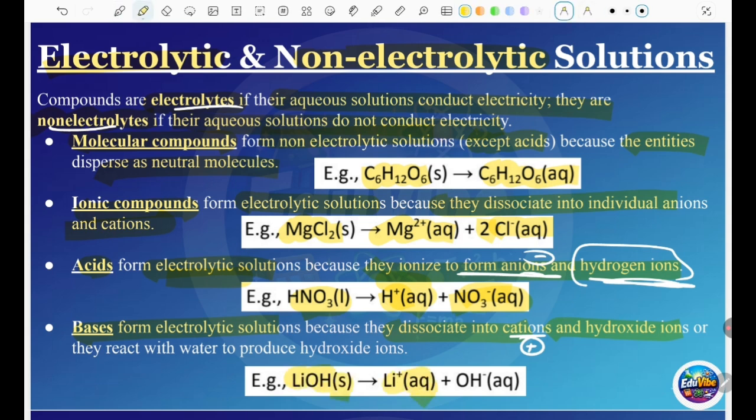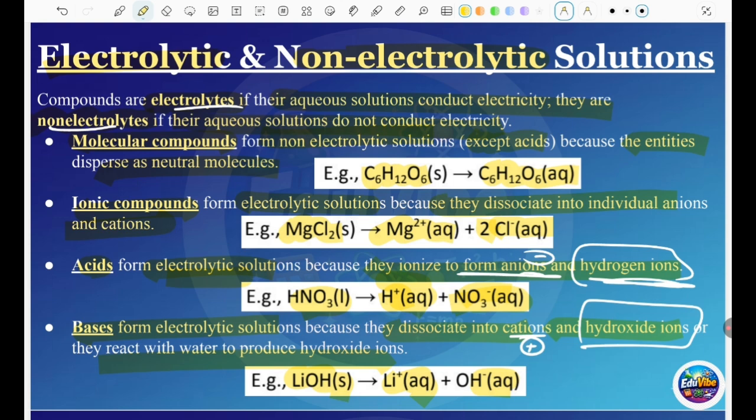We separate Li+ and OH-, because in bases we take care of the OH, the hydroxide ions, while in acids we take care of the hydrogen ions. That's the main difference, and we discuss it further in lessons 2 when we do acids and bases. Acids react with water to produce hydrogen ions, and bases release hydroxide ions.